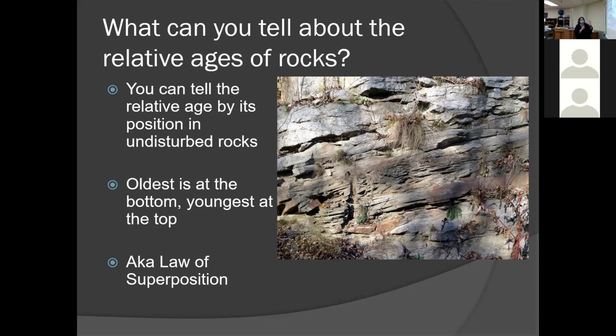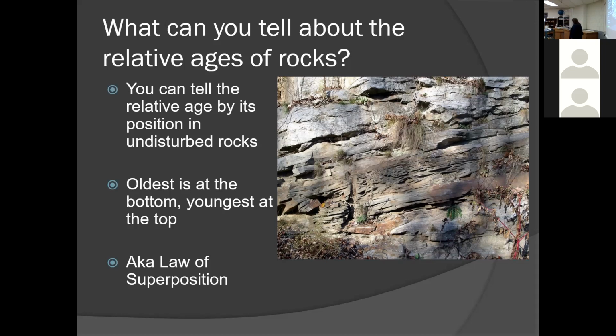But with undisturbed rock, we use something called the law of superposition. And the law of superposition states that the bottom layer is oldest, the top layer is youngest. And that's all that means. I just taught this to my 9th graders.